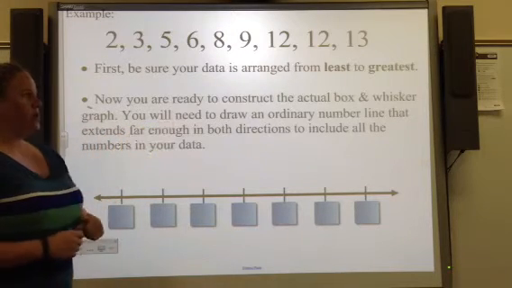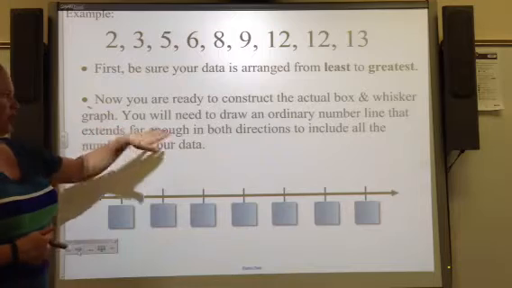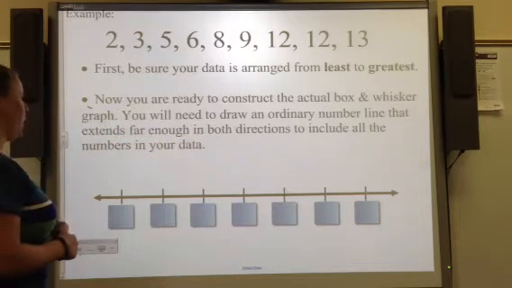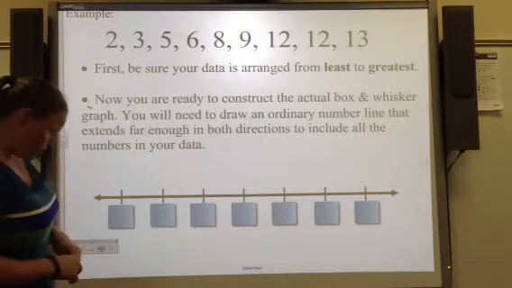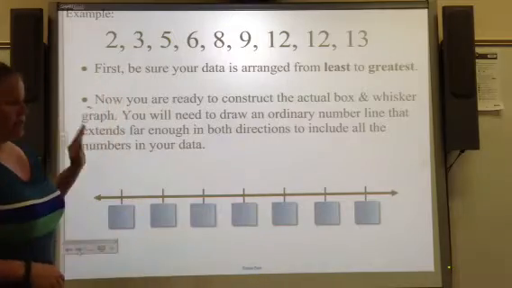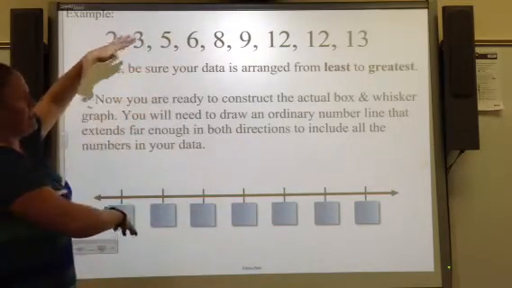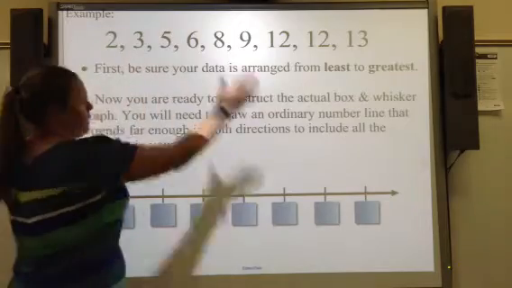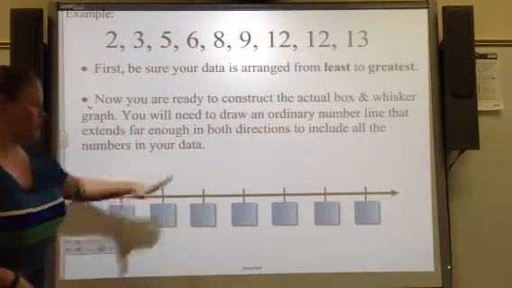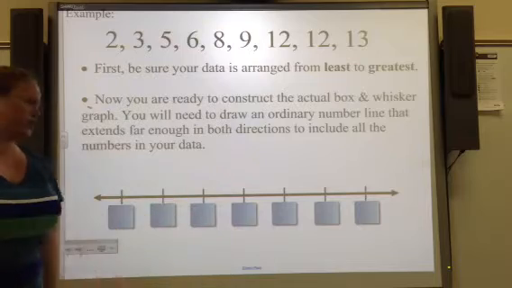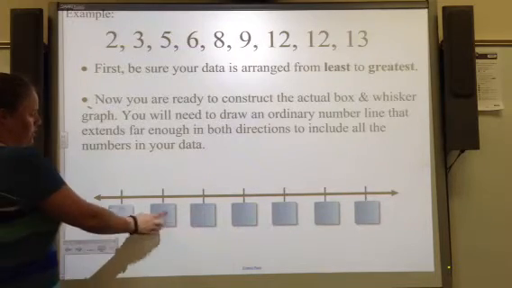You'll need to draw an ordinary number line that extends far enough in both directions to include all of the numbers in your data. I've already got my number line drawn. Get yours drawn on the left-hand side, below this, with enough space where you can write. We're going to need quite a bit of space, so I would write this maybe about halfway down your page.